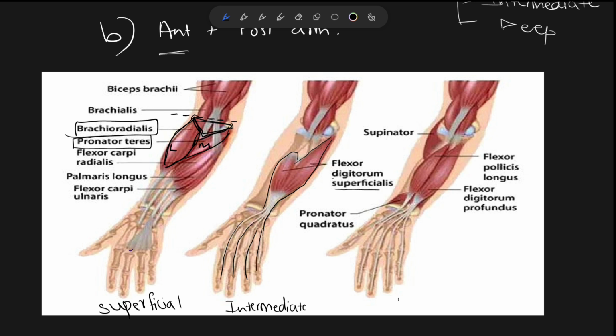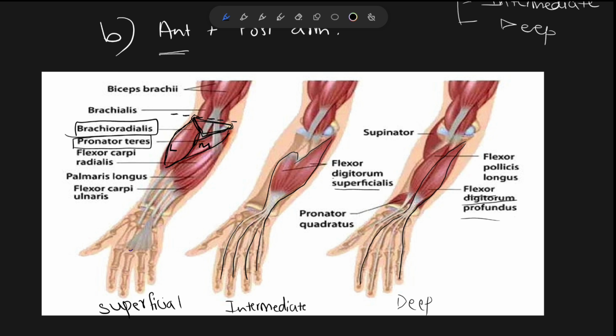And then we have the deep muscles. If this is flexor digitorum superficialis, we also have flexor digitorum profundus. Profundus means deep. It is present deep to the superficial muscle. So this is coming here, and it will all go to the distal phalanges.